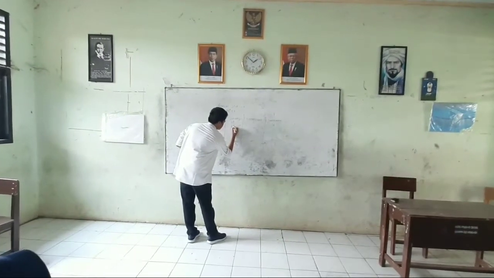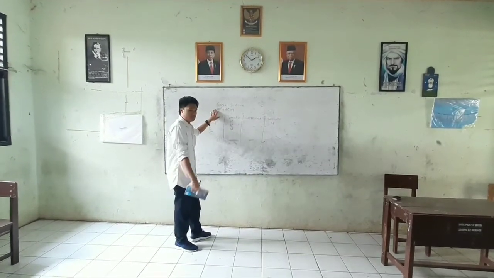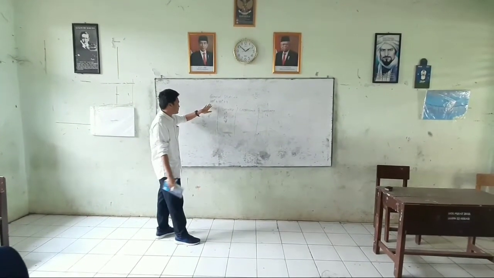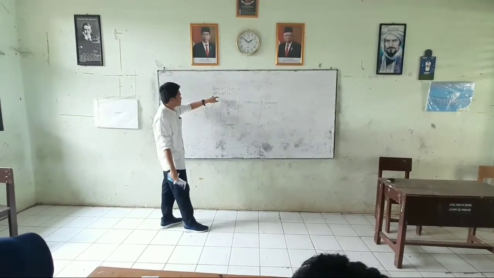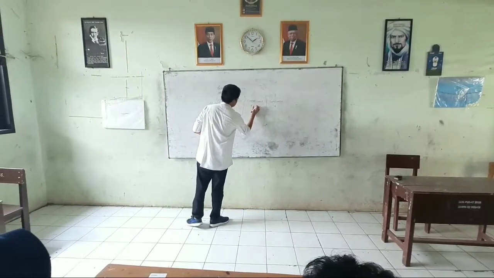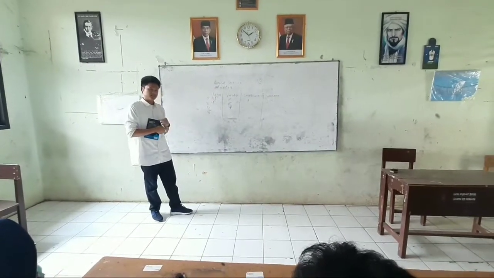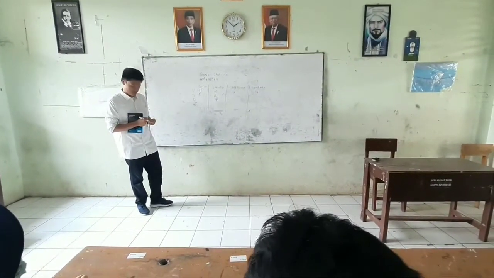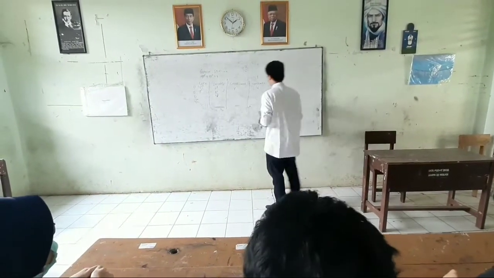The coefficient is the number in front of this word. We have 4p to the power of 5 plus 4p squared. The coefficient is 4. Okay. Not p. Until here, do you understand? Yes. Okay. So we're going to the next part, next chapter.